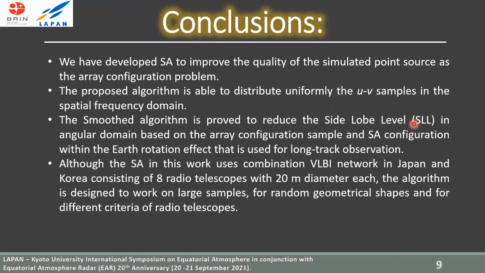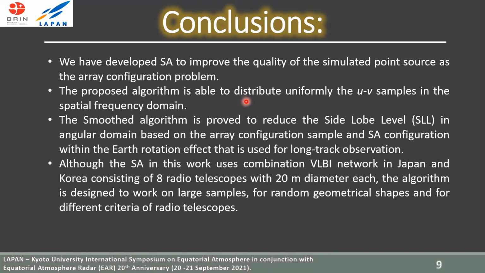For the conclusion, we have developed the smooth path algorithm to improve the quality of the simulated point source for the array configuration problem. The proposed algorithm is able to distribute the UV samples uniformly in the spatial frequency domain, and the smooth path algorithm is proved to reduce the SLL in the angular domain based on the array configuration sample.